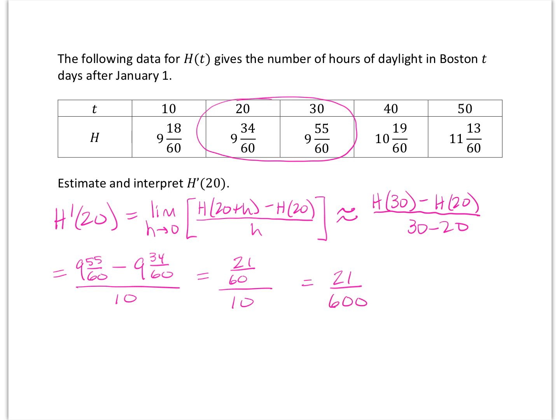Okay, and to interpret it, I am going to put some units. I think the best way to interpret is to add units to figure out what these numbers mean. So these are hours, and these are days. That's hours of daylight divided by 10 days.